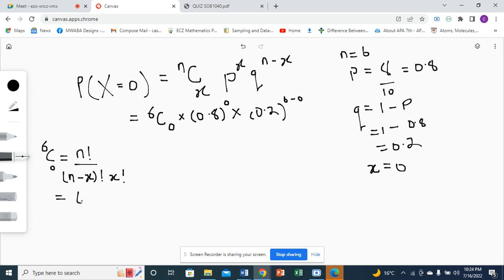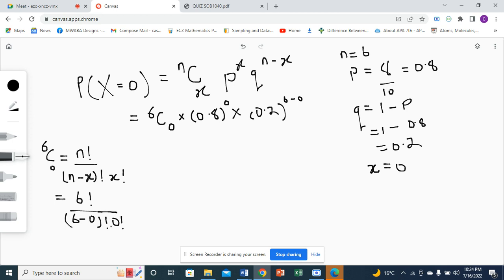This time we're using x, not r. So we have 6 factorial divided by 6 minus 0 factorial times 0 factorial.